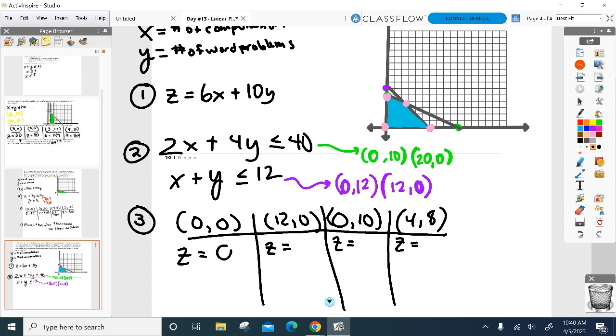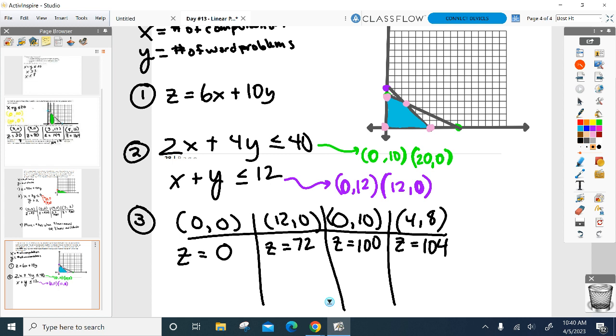So you score 0 if you don't answer anything. You'll score a 72 if you only do computation. You'll score 100 if you do the 10 word problems. But if you do 4 and 8, you get 104 points.